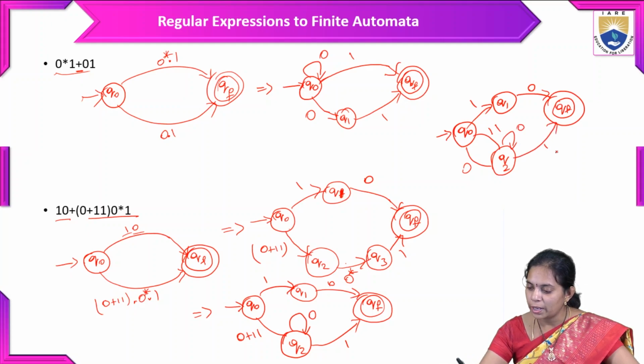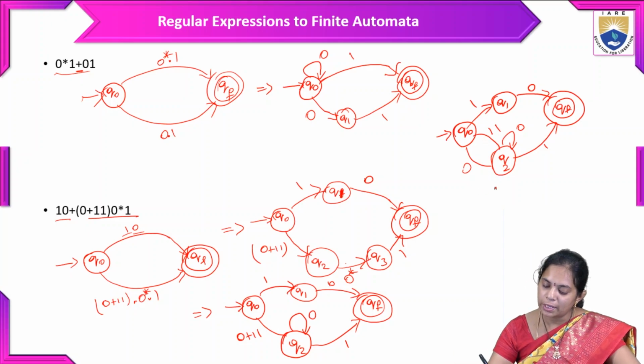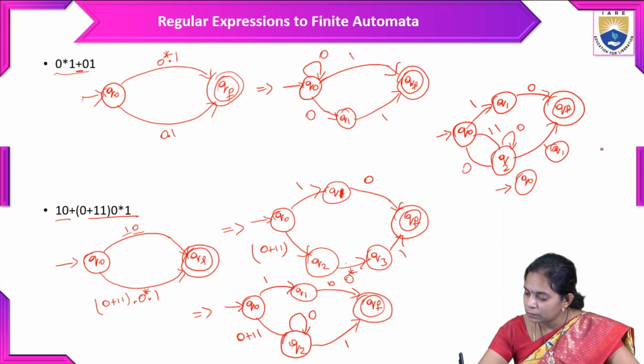And also we have one more thing. Here 1 1 is there, so 1 is followed by 1. In the sense that we need to write one more state here. So directly you can write here Q naught as the initial state, and Q1 and QF.